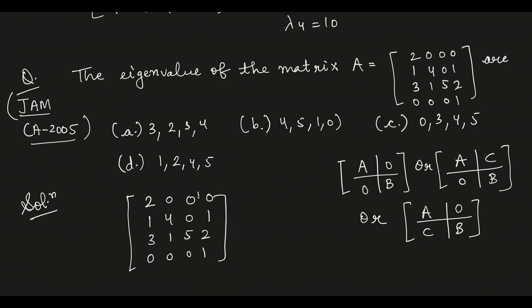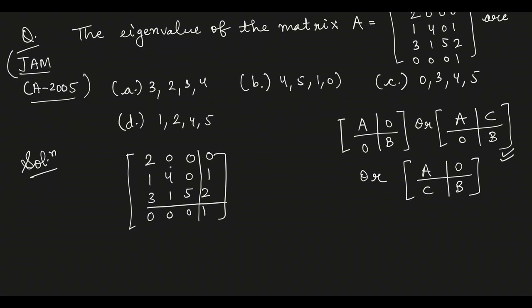Now here I can form the block like this, and now I can find the eigenvalues for this. This is a 1 cross 1 matrix, na? So one of the eigenvalues will be 1.